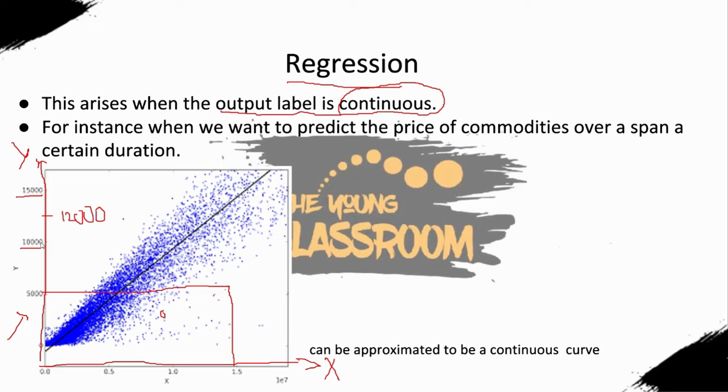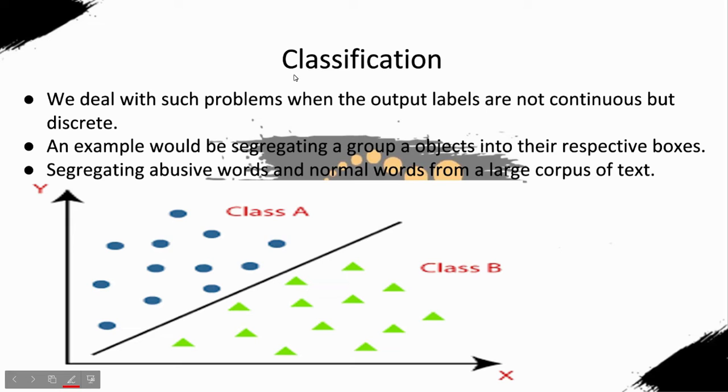So it is a continuous graph between 0 to infinity, and regression is when this y that we are dealing with is a continuous variable. Now let's get to classification problems. In these problems, the output labels are not continuous but discrete.